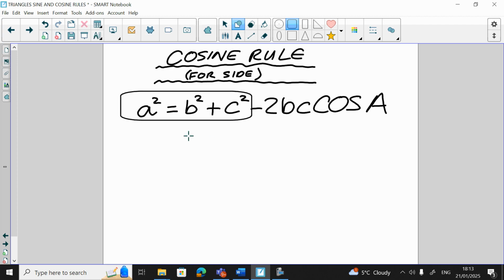See that first part? Does that remind you of anything? A squared equals B squared plus C squared, or X squared equals Y squared plus Z squared. Well, that reminds me of Pythagoras' theorem, but that's only when you've got a right angle.